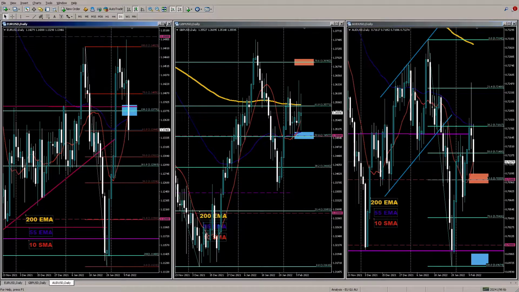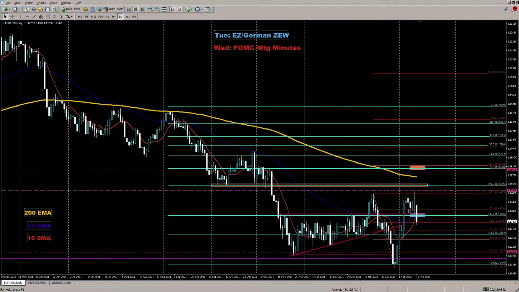And let's begin with the Euro, where after a narrow trading range for the early part of the week, it has dipped lower on Friday on a couple of fears.